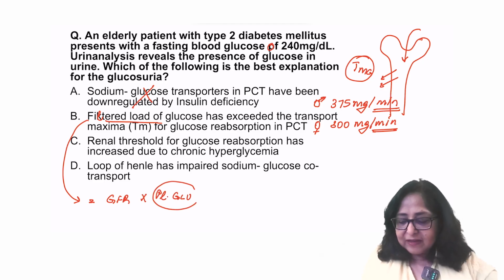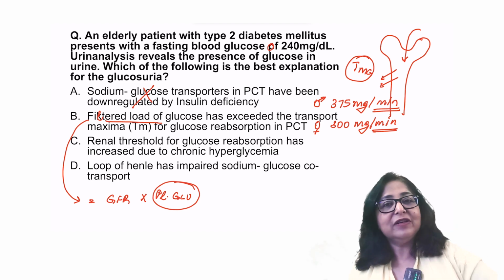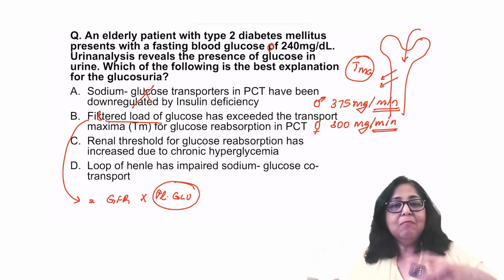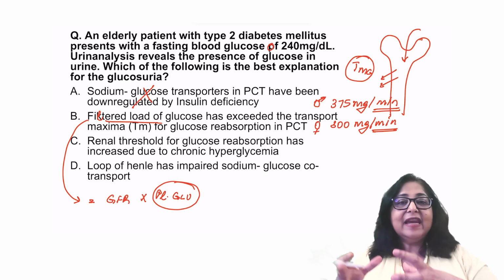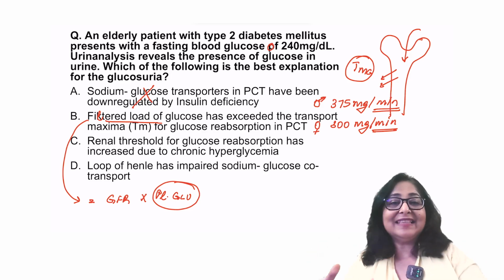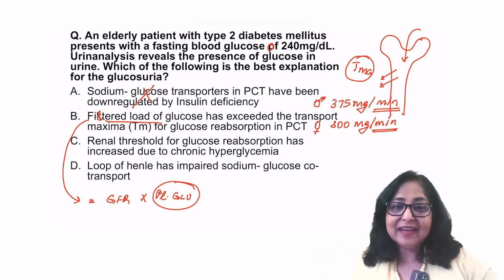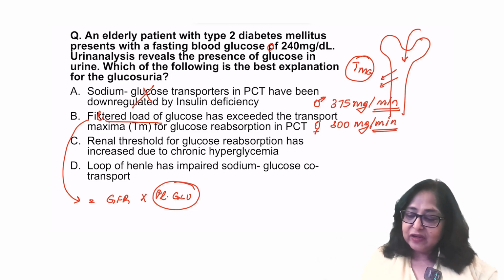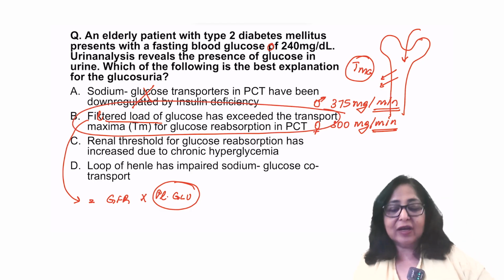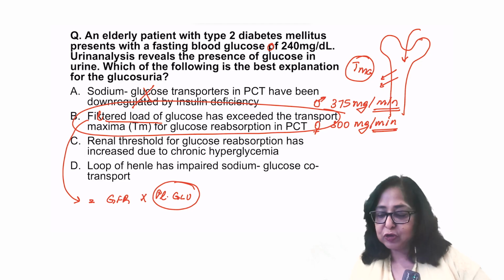So more the plasma glucose, more will be the filtered load of glucose. More glucose in the PCT. Now, because it is going to exceed the transport maxima, some glucose will be lost in the urine, resulting in glucosuria. So filtered load of glucose has exceeded the transport maxima for glucose absorption in PCT.